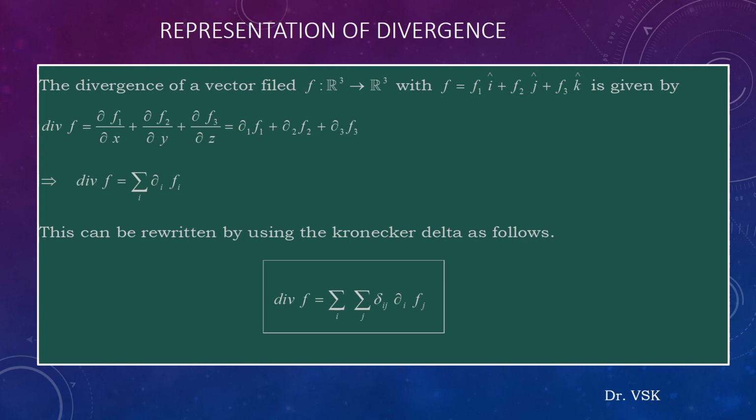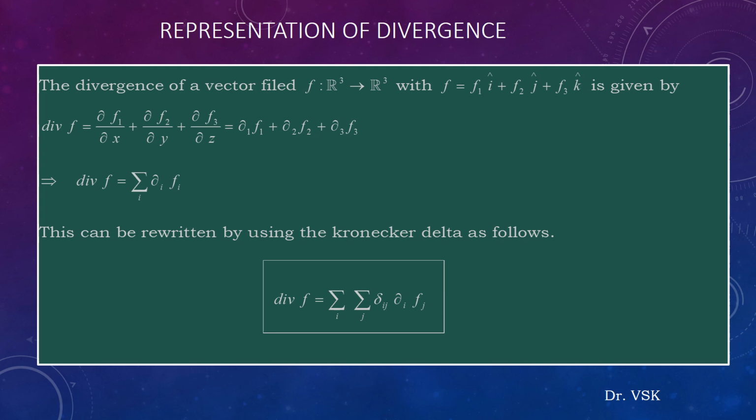Suppose that all the partial derivatives of these functions exist. Now let us write the divergence of the given vector field f. Div f equals dou f1 by dou x plus dou f2 by dou y plus dou f3 by dou z.